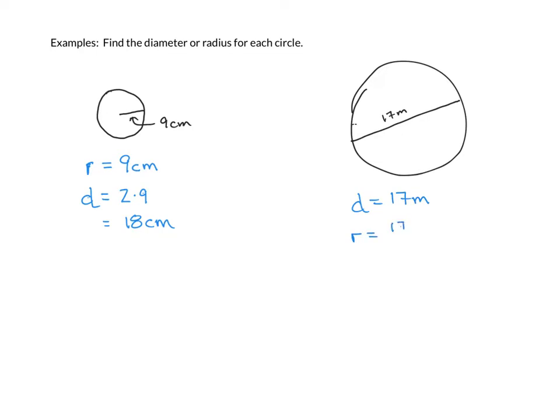So we're going to divide 17 by 2, and we get 8.5. This is the distance from the center to the outside of the circle. Since it is a distance, we're going to have regular units. So we get our radius is equal to 8.5 meters.